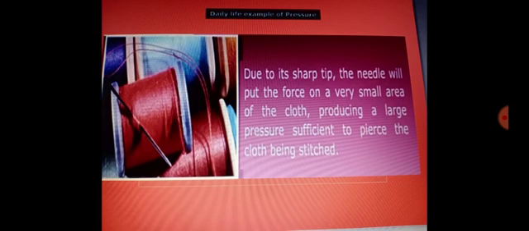So, because of the pointed end of the needle, it easily pierces through the cloth, because since the area where the pressure is applied is smaller, the pressure becomes greater. Therefore, the needle pierces through the cloth easily.